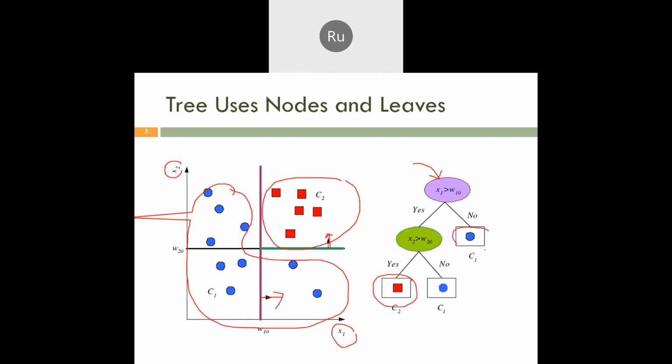Otherwise, they belong to class number 1. Okay, so that's how we look at the data that we have here. Then we can convert them into a decision tree.